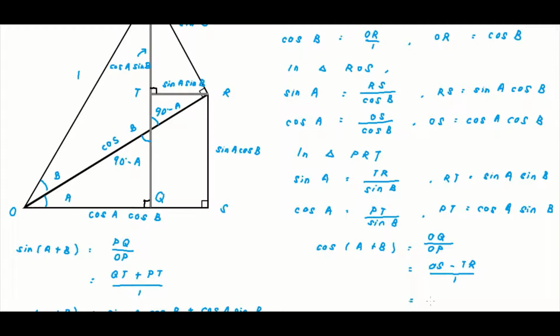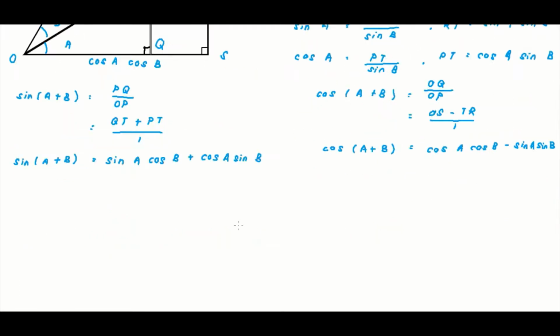OS is cos A cos B, and TR is sine A sine B. So here I get the second formula for the compound angle: cos A plus B equals cos A cos B minus sine A sine B.